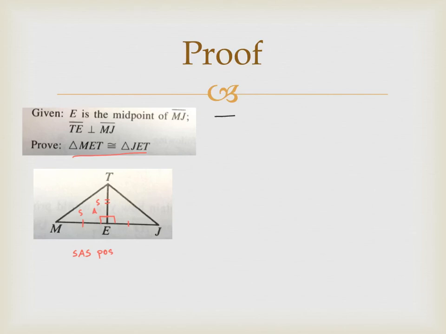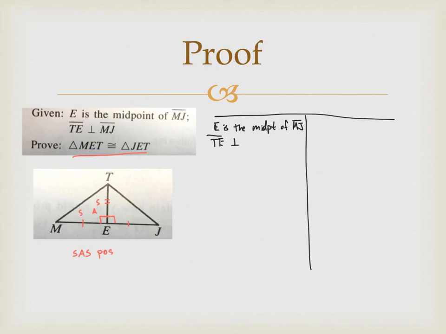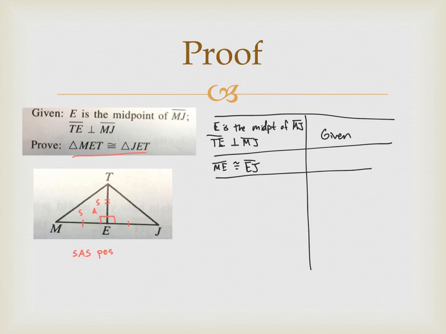Let's go ahead and start. So here's my given. I'm going to do my definition of midpoint first. So segment ME is congruent to segment EJ. And this is because of the definition of midpoint.